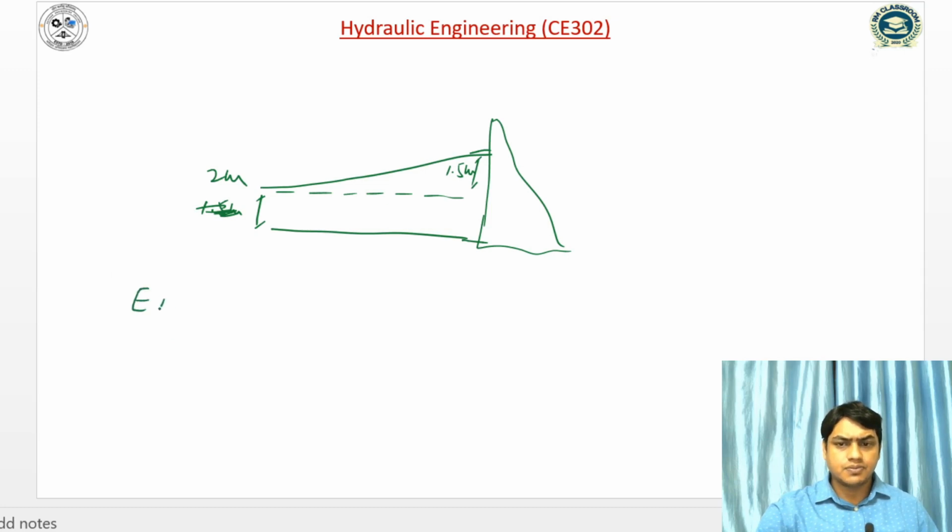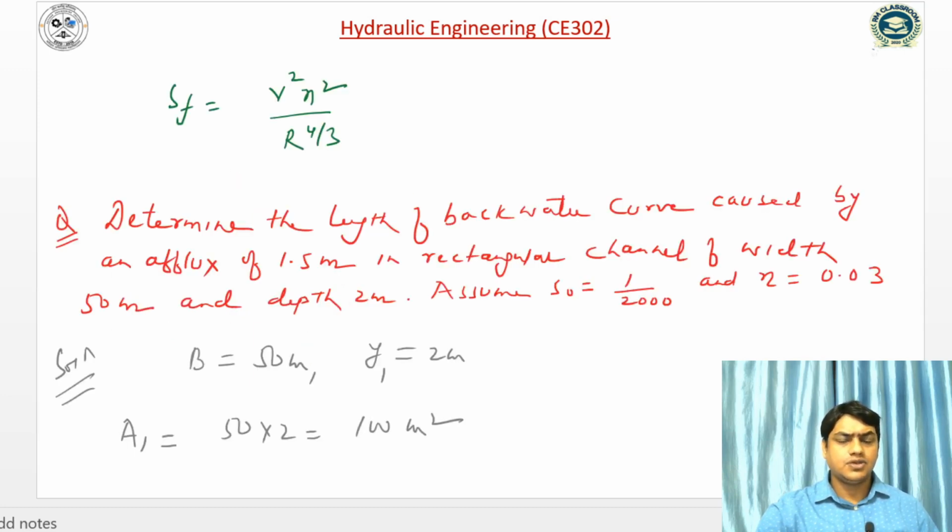So E1 can be computed as y1 plus v1 square by 2g, and Q can be computed as 1 by n A R to the power 2 by 3 into S to the power half. So here A1 we have computed, perimeter P1 is b plus 2y1, so 50 plus 2 into 4, so it will be 54 meters.